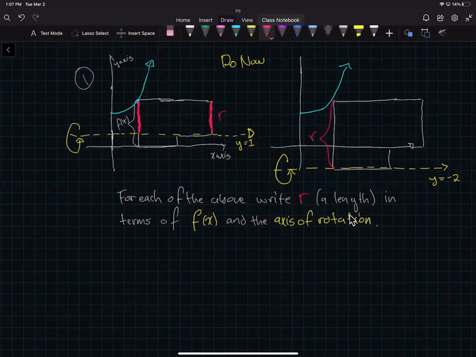What is the length of that r? So what is the length of that r in terms of f of x and the axis of rotation?